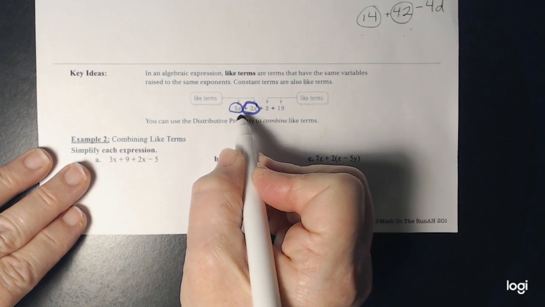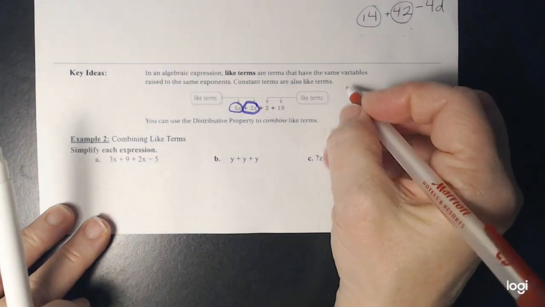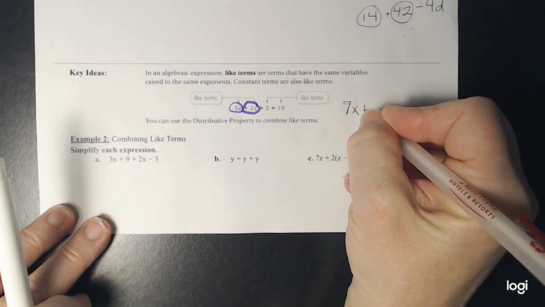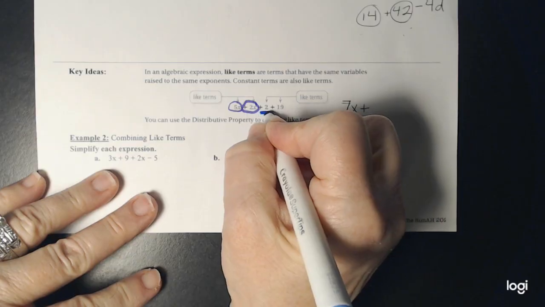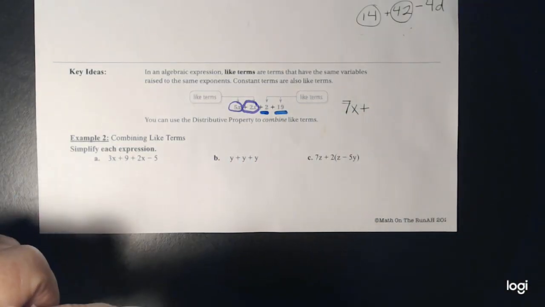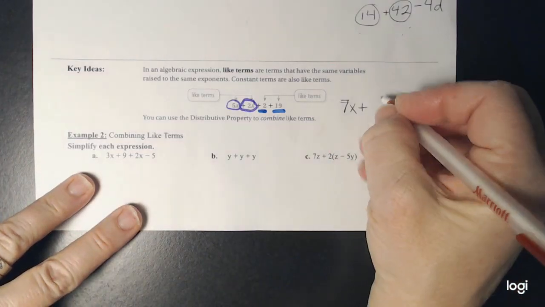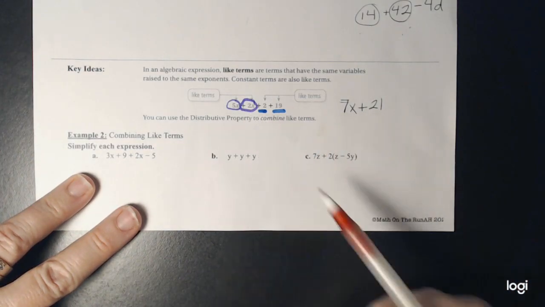So 5x plus 2x is going to give me 7x. Now I have some constants, and the constants are also considered like terms. They are just numbers, so I can combine those too, and 2 plus 19 gives me 21.